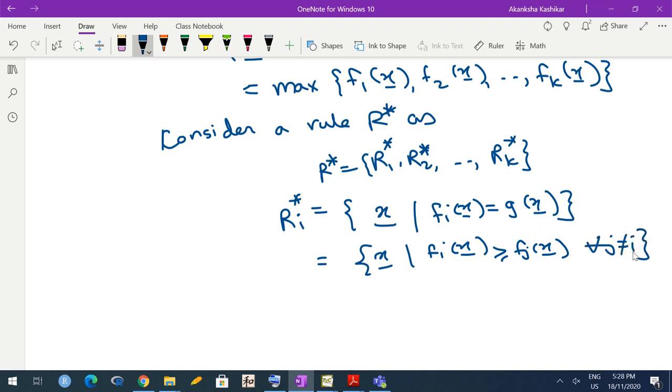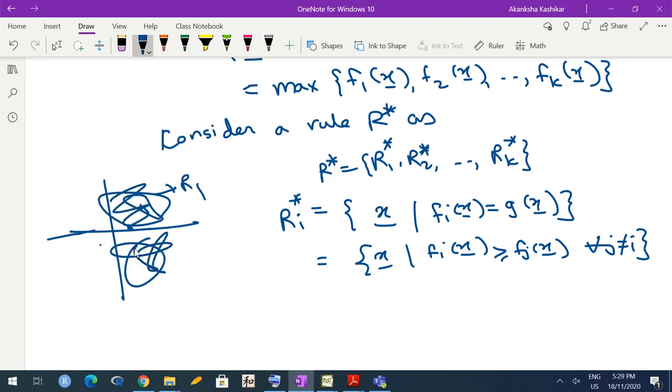Basically, what I am doing is exactly the same thing which we did in the two population case. Suppose I have bivariate data, and in this region f1 is highest, then I will call this R1. In this region suppose f3 is highest, then I will call this region R3. In the remaining region suppose f2 is highest, then I will call it R2 star.